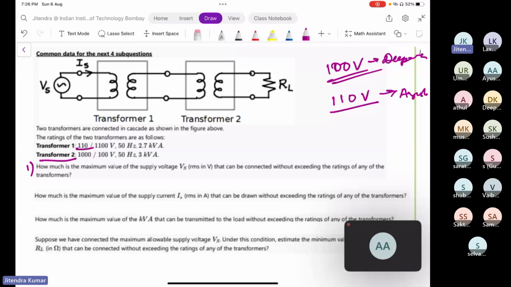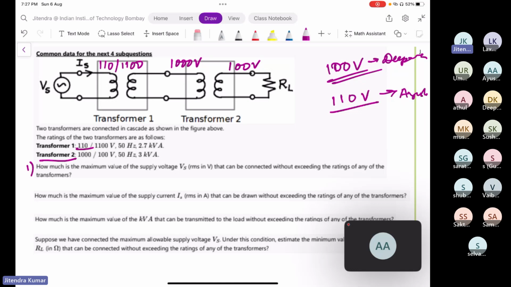To find out the Vs, we will do the transformation. Let's suppose here it is 100 volt, and here it is 1000 volt. Now, the turns ratio of transformer 1 is 110 by 1100.